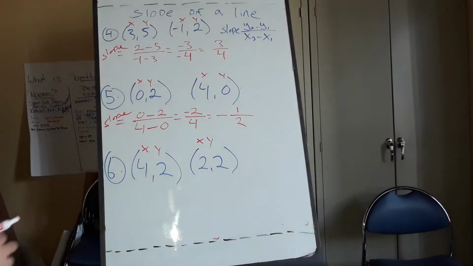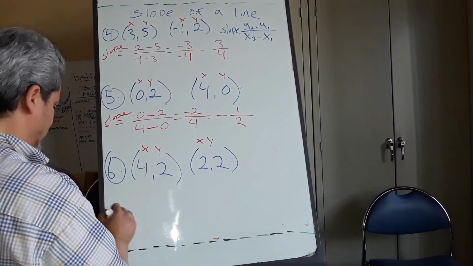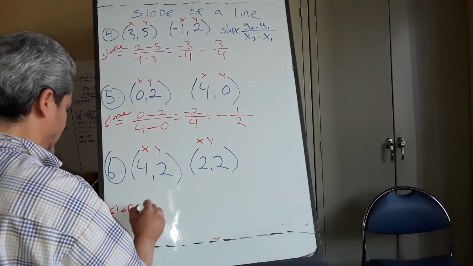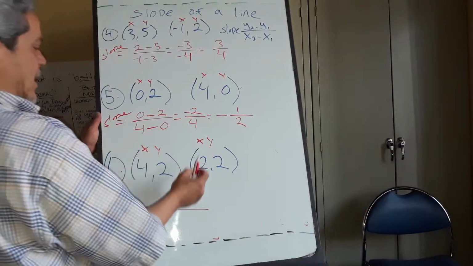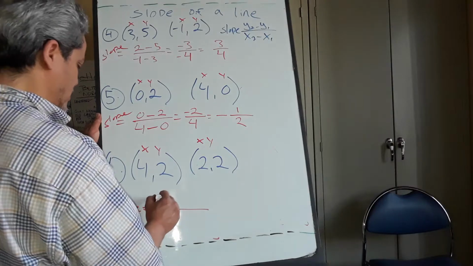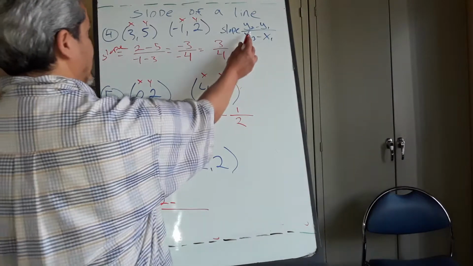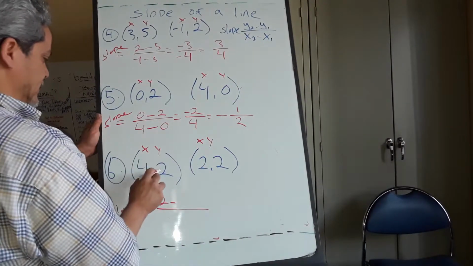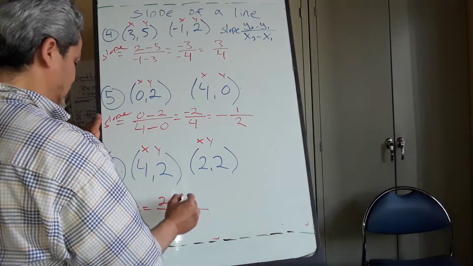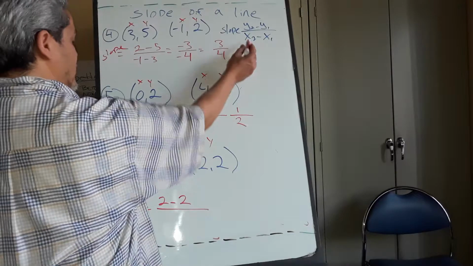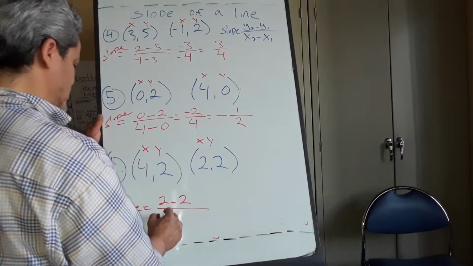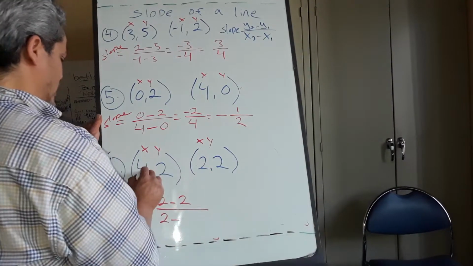Right, so let's try number 6. Okay, y2, here we go, minus y1, there's the first y right there. x2 is 2, minus x1, which is 4.